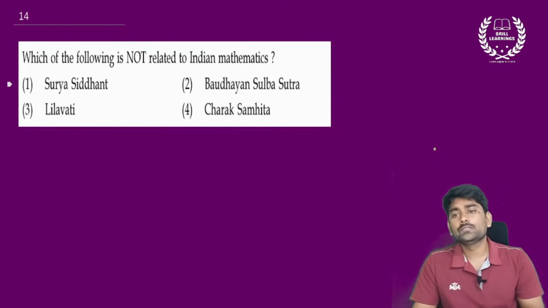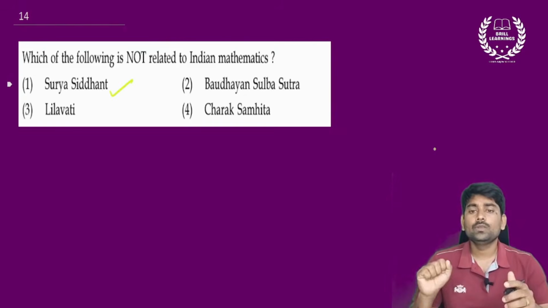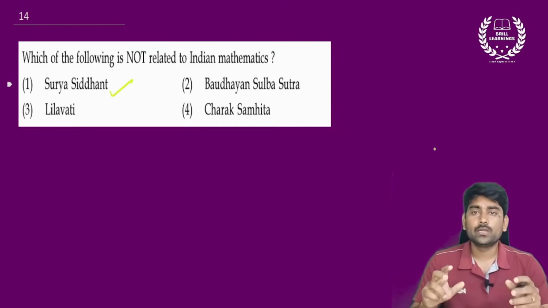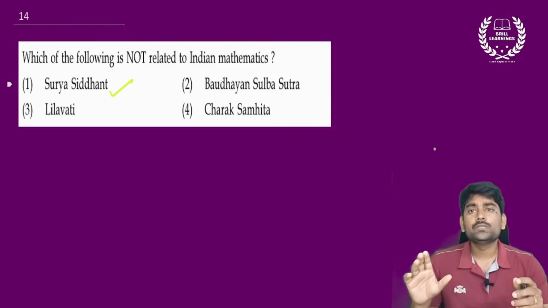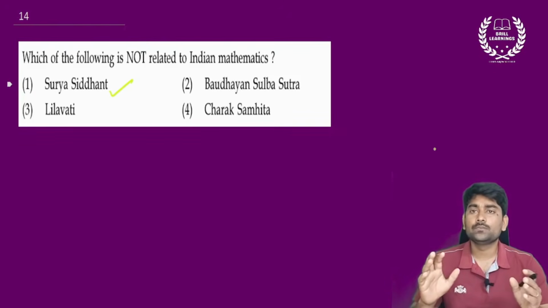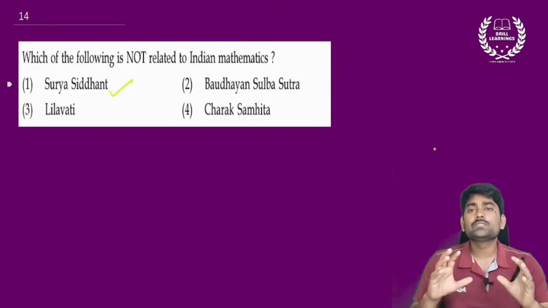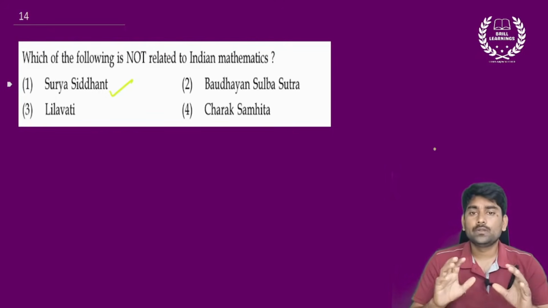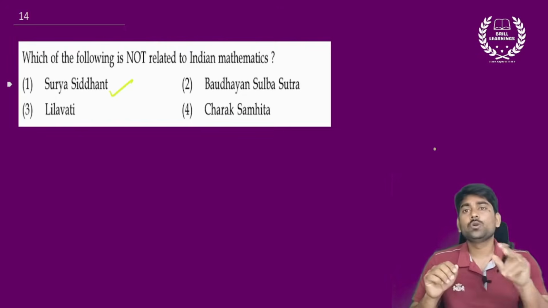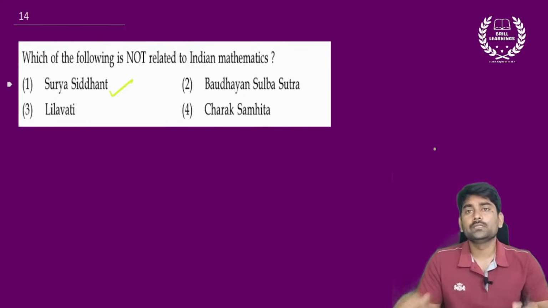That is why this is related to mathematics. Second one, Baudhayana Sulba Sutra. It is also an ancient text on mathematics, mainly geometry. It focuses on the construction of altars. For the construction of altars, geometric calculation is included. It is also related to mathematics here.